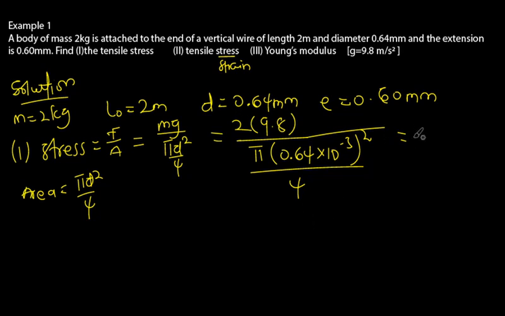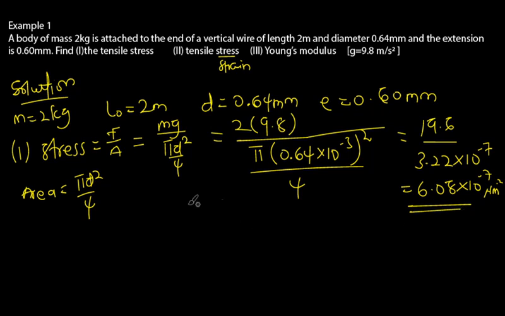The top gives us 19.6, and the bottom gives us 3.22 times 10 raised to the power minus 7. So our final answer is 6.0808 times 10 raised to the power minus 7 Newton per meter squared. This is our tensile stress for this particular example.